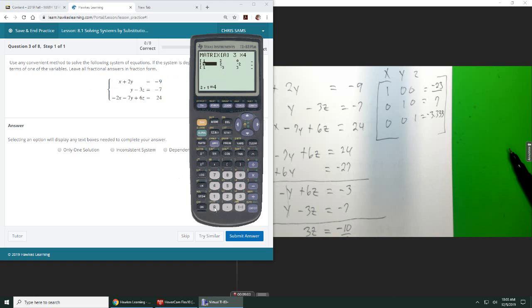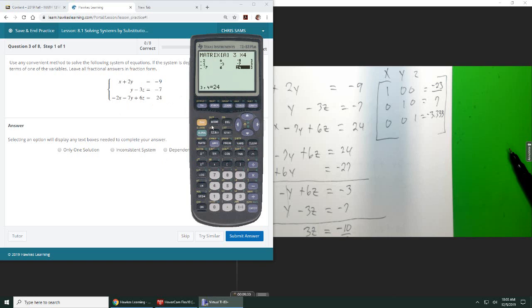I don't have any x, so I'll put a 0. And then a 1 for y. I'm hitting enter after I insert each one. And then a negative 3 because that minus is going to act as a negative. And then my last number is negative 7. All right, in the last row, we have negative 2, negative 7, positive 6, and then 24.